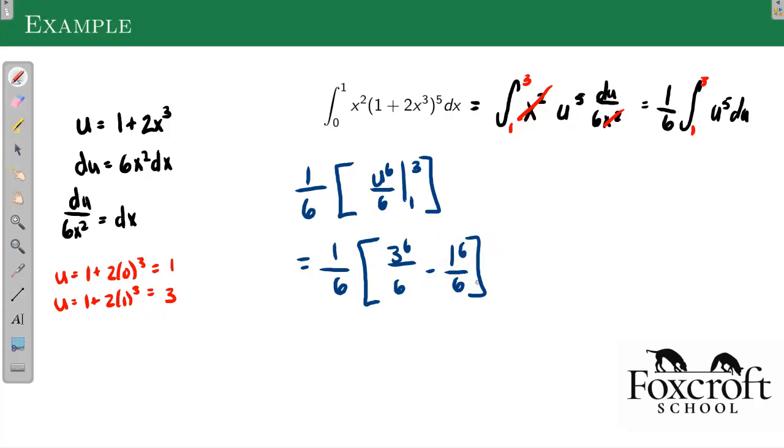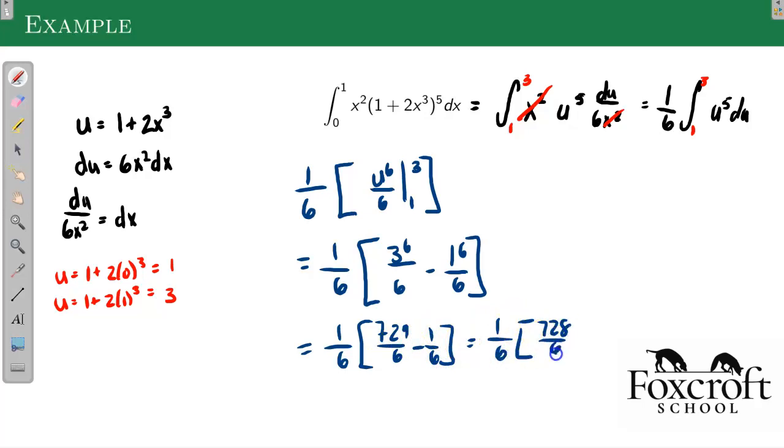Let's just put it in: 3 raised to the sixth is 729. And we get 728 over 36, which I'm guessing simplifies a little bit. What does it simplify to? 182 over 9.